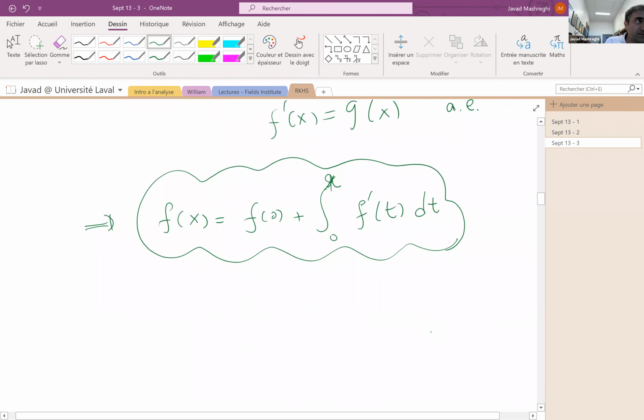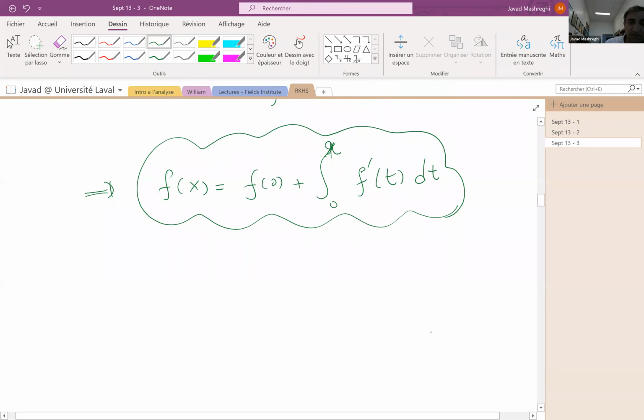So based on this observation, we can rewrite the definition of absolute continuity as follows. In a sense, this is the third equivalent definition.